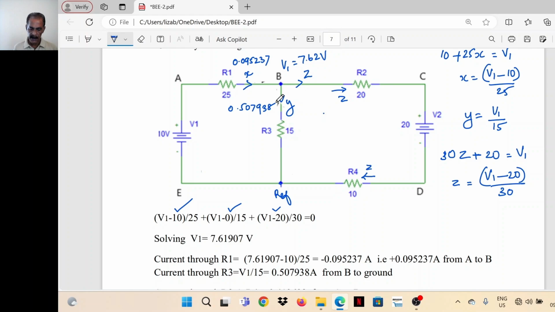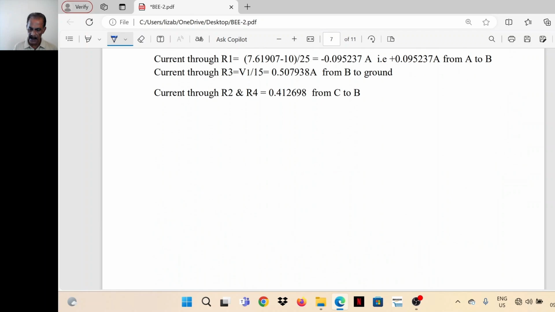Next, Z is V1 minus 20 divided by 30. V1 is 7.62. So the current is 7.62 minus 20 divided by 30. So that's also negative.